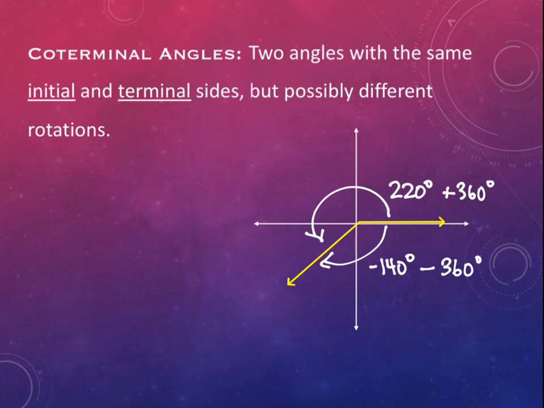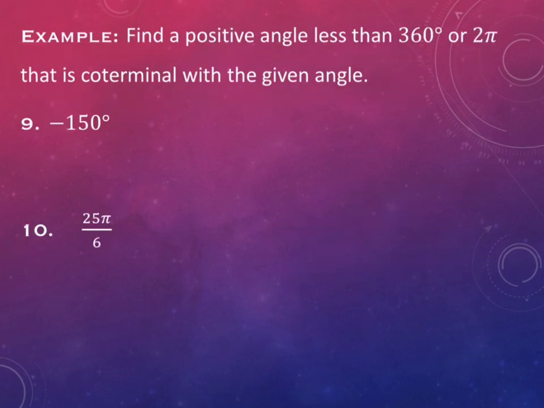So there are lots of different angles where I could end up, but the same location in terms of the coordinate plane. Taking a look at an example, if I have a negative 150, this one wants us to find a positive angle less than 360 or 2 pi, whichever one is given, that's coterminal.